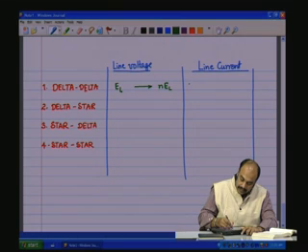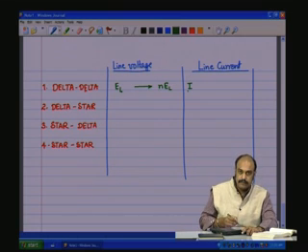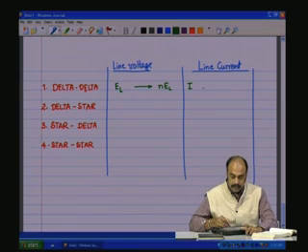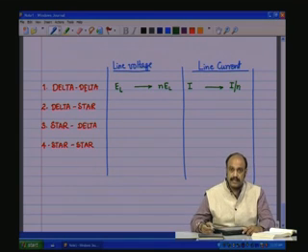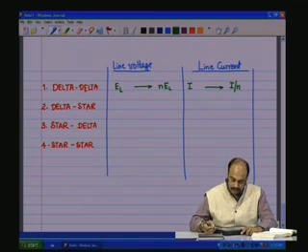And if there is a line current I on the primary side, that becomes I by root 3 in each of the primary phase coils, becomes I by root 3 by n in each of the phase coils of the secondary, and it becomes I by n, that is the secondary side line current, where you have a ratio of 1:n as the turns ratio.